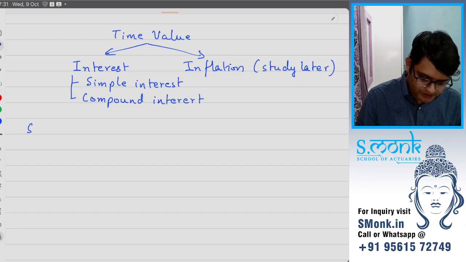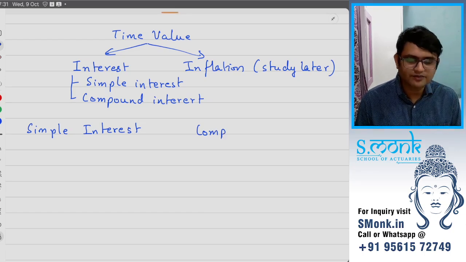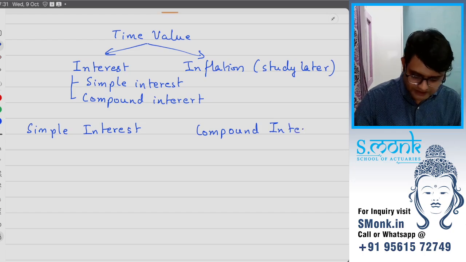Let me know, please. If not, you have all studied simple interest, compound interest before. If that is the case, I'll go a little bit faster. Okay, that is all I am saying.